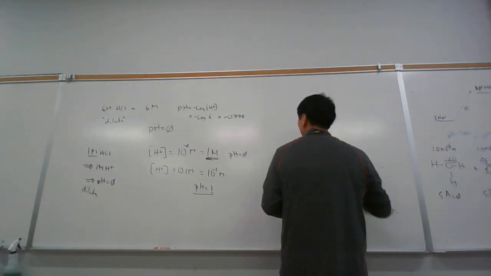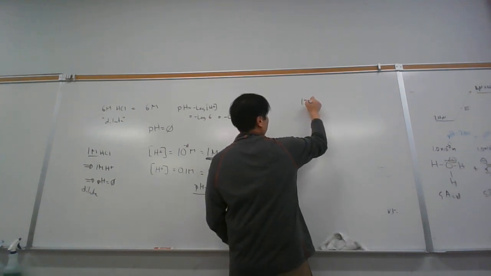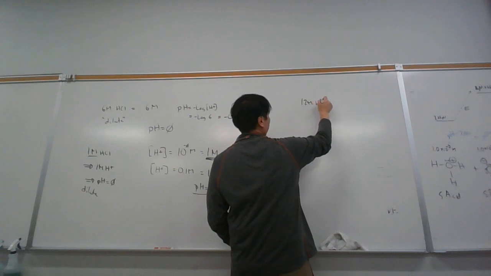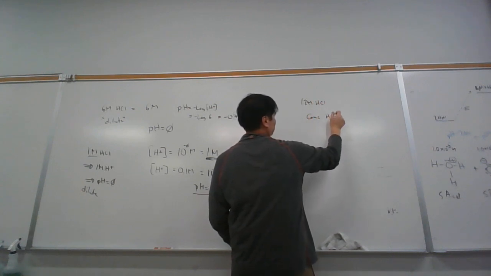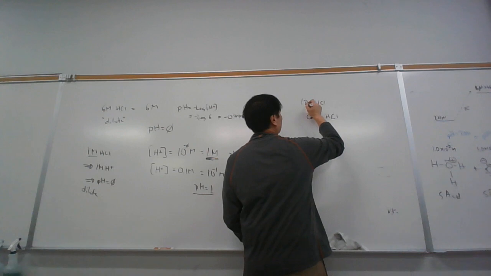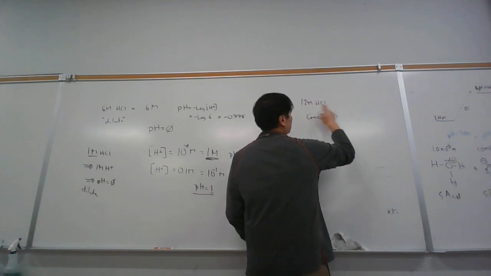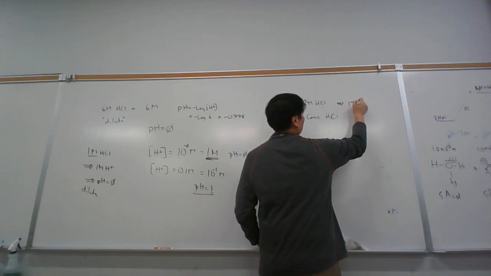If we go to 12 molar HCl, 12 molar HCl is considered concentrated HCl. This is as concentrated as you can get. Or no, we can go to 18 molar. Well, we'll just leave it at 12 molar. 12 molar HCl is concentrated. That should give us 12 molar H plus.